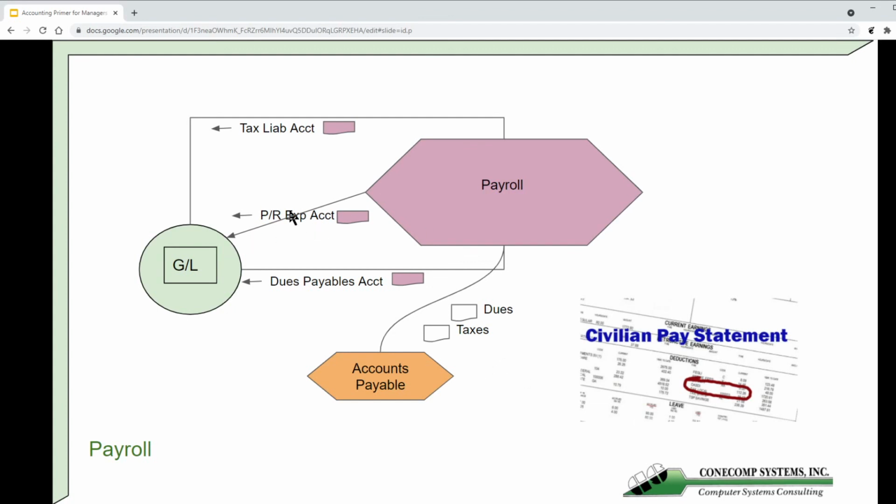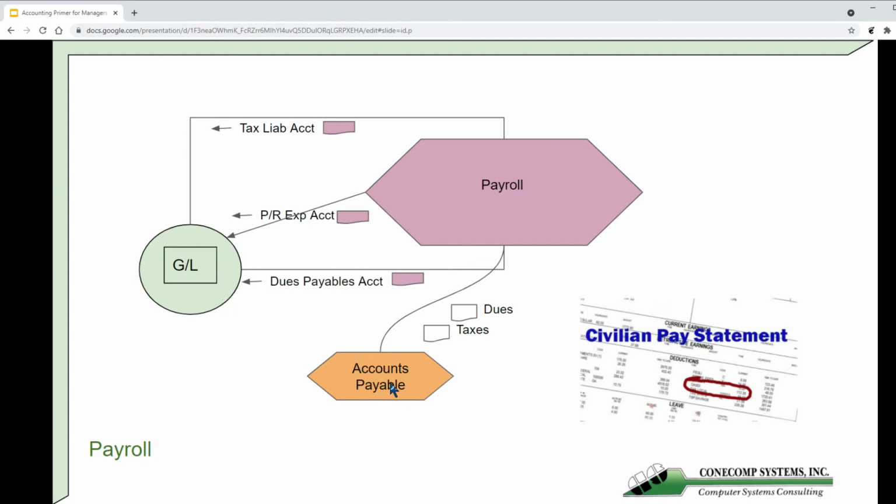In fact, the center one is the payroll journal. That's where the money on your checks, your cash, is sent to the general ledger as a payroll expense. It also creates two other sets of general ledger transactions, but it doesn't do it directly. It feeds them through accounts payable, for example, your tax deductions that were on your check.